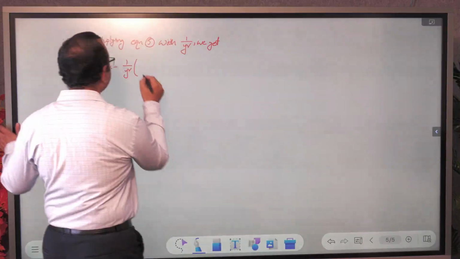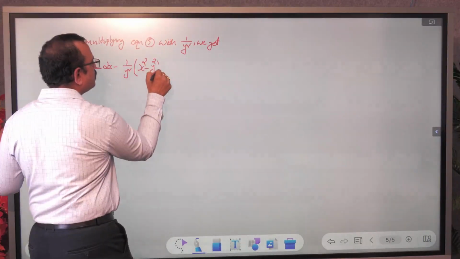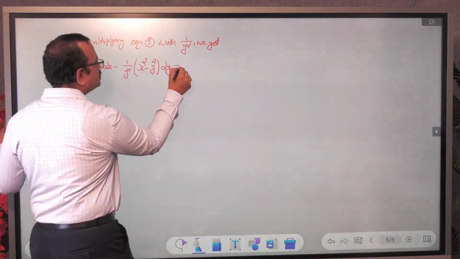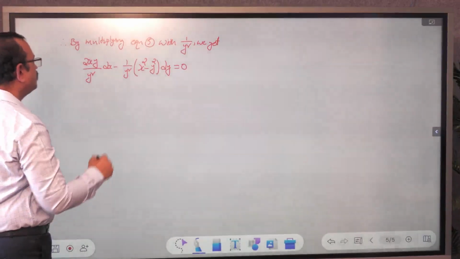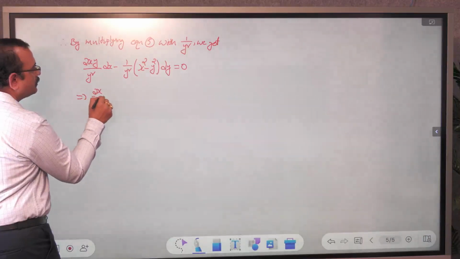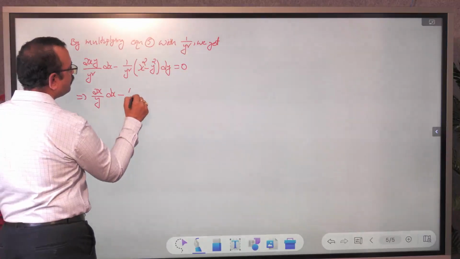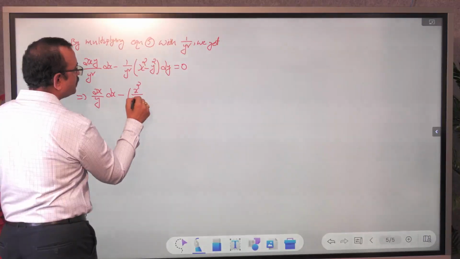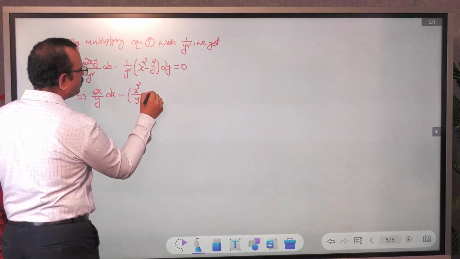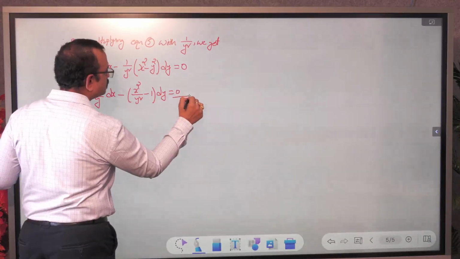Minus of x square minus y square into dy is equal to 0. We will write it. Now we just simplify this, then we will get 2x by y dx minus of x square by y square minus 1 into dy is equal to 0.